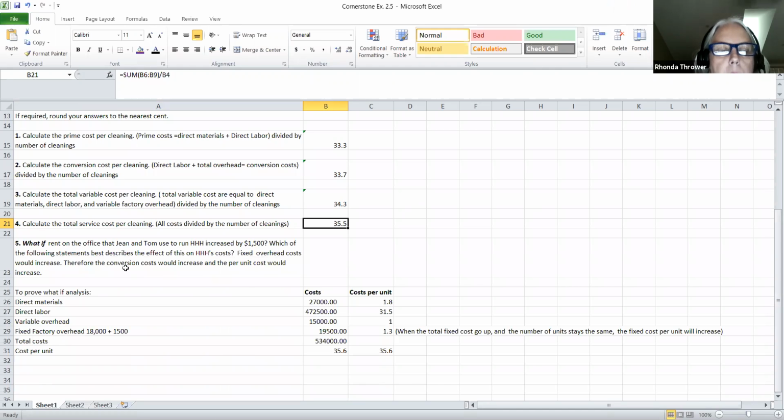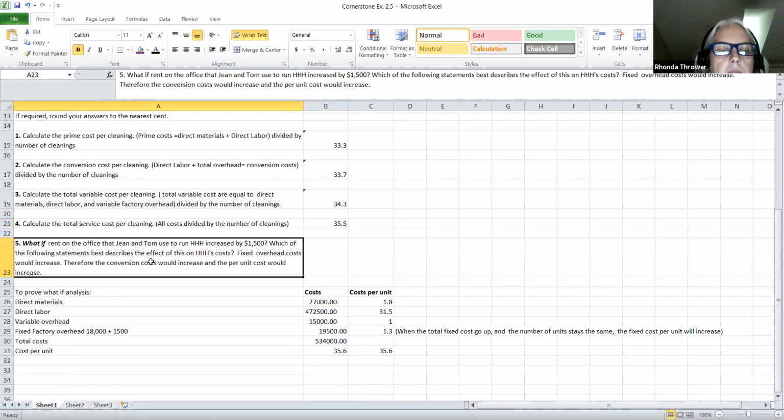In the last part of this exercise, they give you a what-if analysis. What if the rent on the office that Jean and Tom used to run HHH increased by $1,500? Which of the following statements best describes the effect on HHH cost?